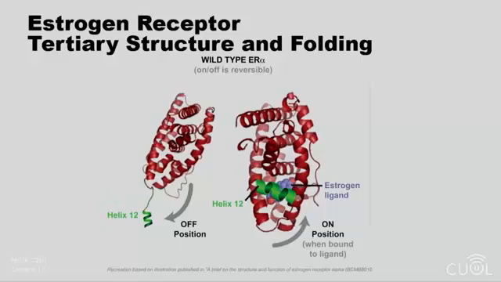You can see they're representing helix 12 in the off position, but once estrogen itself binds, then helix 12 goes into what's called the on position. Okay, so it's just a simple little fold.